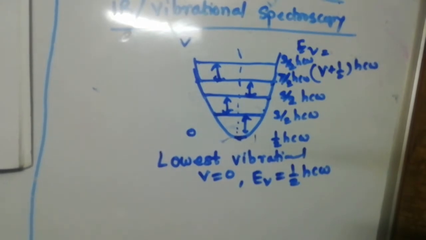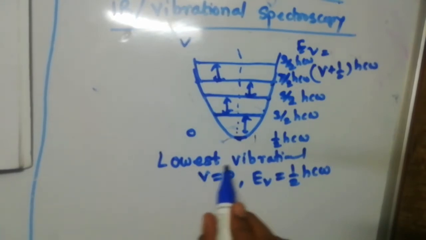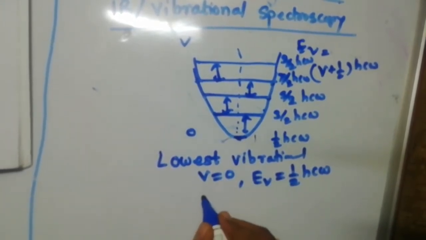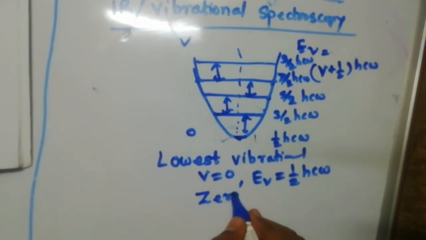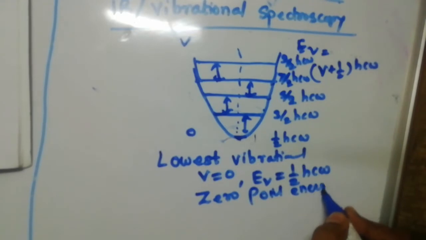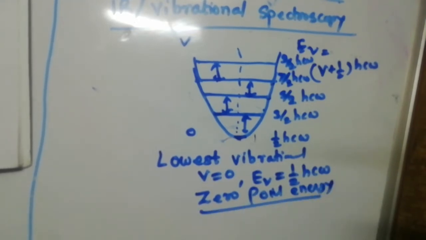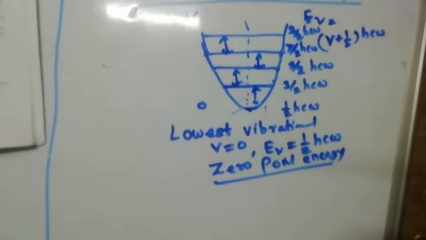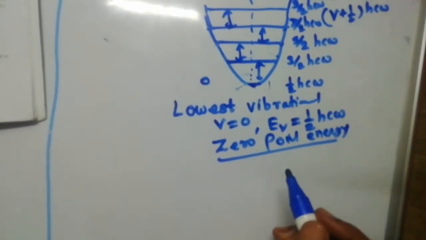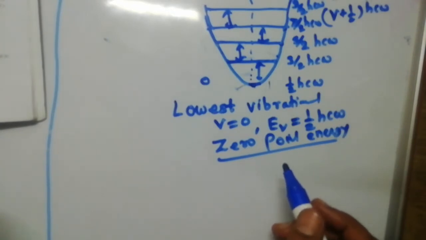Now what is V equal to 0? V equal to 0 is called the lowest vibrational level, and the energy of the lowest vibrational level is referred to as zero point energy. Many a time there is a question on this part: what is zero point energy? The energy of the lowest vibrational level, that is V equal to 0, is called zero point energy.